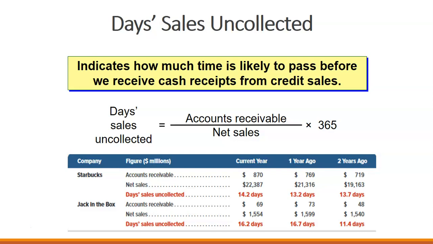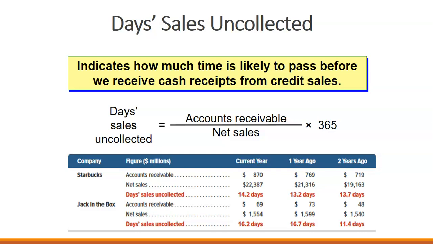One of the things that we want to look for when we're assessing the liquidity of a company is whether or not that number is going up or down. If it is going up, that means it is taking them longer to receive cash from their customers. If we see a negative trend like that, they can start to have cash flow issues because they're not receiving cash from customers as fast as they were.